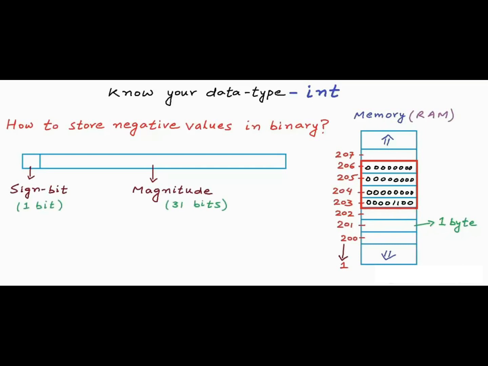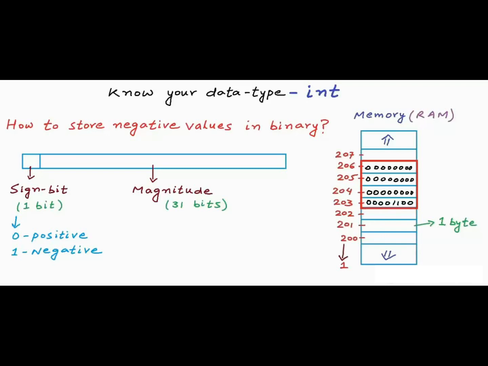We can use the leftmost bit, or the most significant bit, as a sign bit to store the information whether it's a positive number or a negative number. It can be something like: if the most significant bit is 0, it's a positive number, else if it's 1, it's a negative number. And we can use the rest of the 31 bits to store magnitude or absolute value.